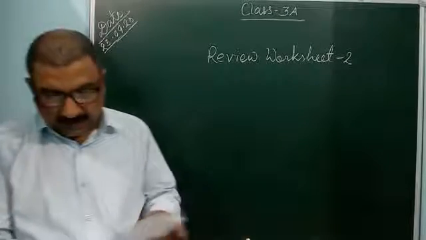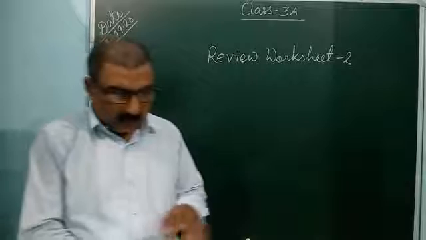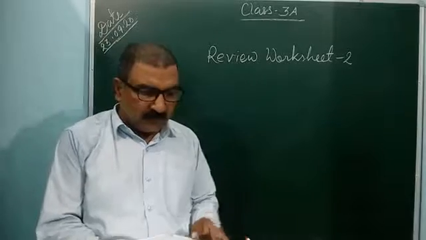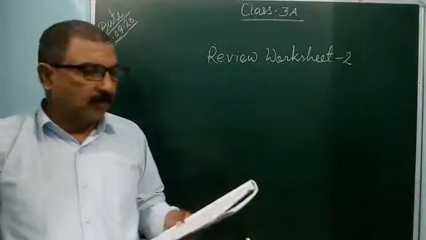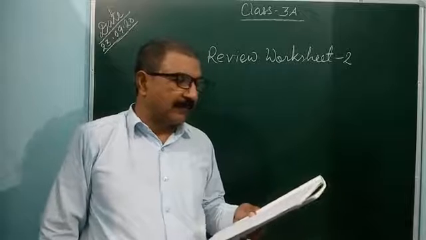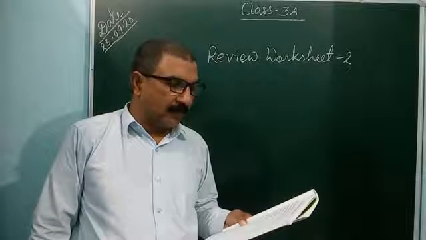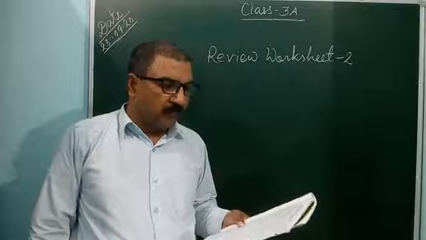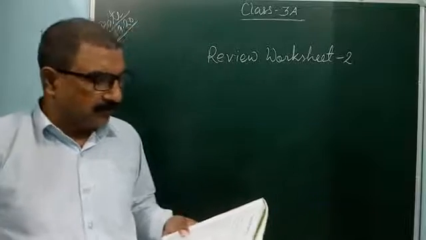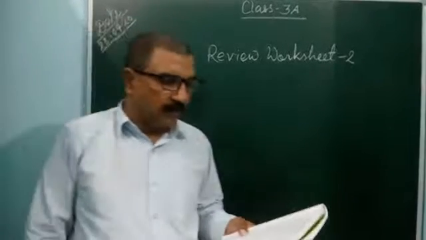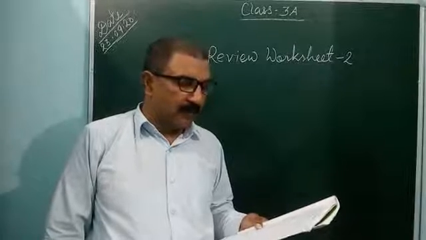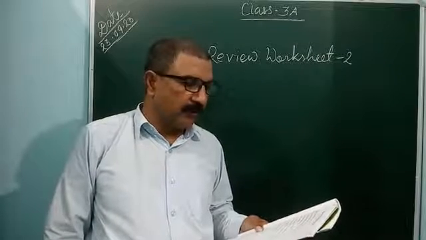So I hope you can do fill in the blanks as expanded form of 9783. You can expand it. Greatest 3-digit number formed with 5, 4 and 3, also you can do yourself. The smallest 3-digit number formed with 7, 9 and 0, you can do yourself.